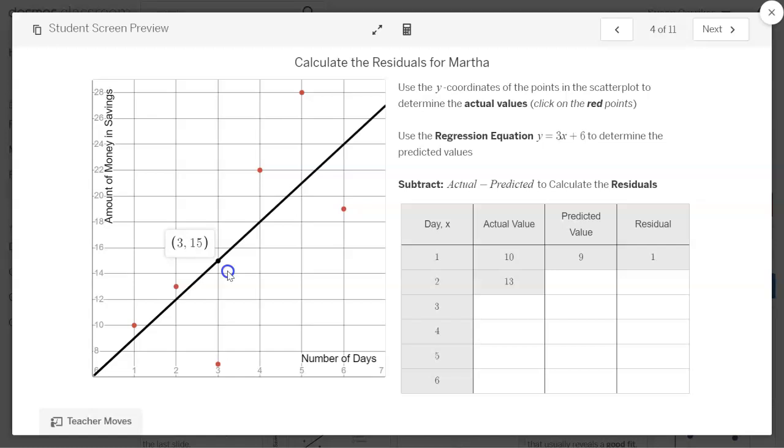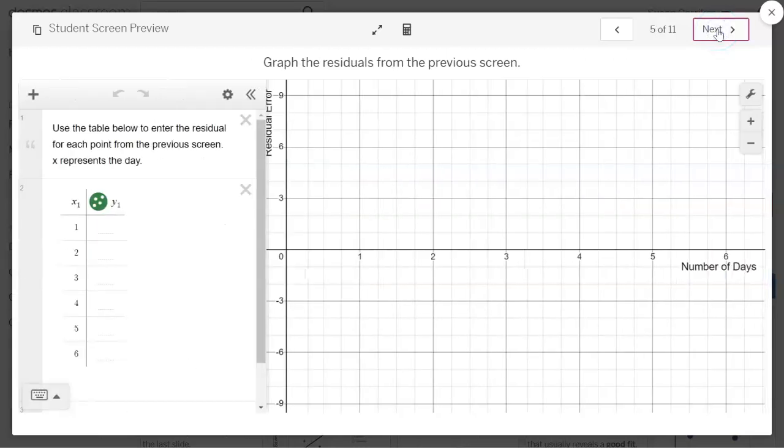So I can actually get that predicted value directly from the graph, but it's important that they know that the equation, y equals 3x plus 6, and that graph are going to give them the same result. The calculator is up here if they need it, but this is a really good screen to review many topics that they've already covered in this class.